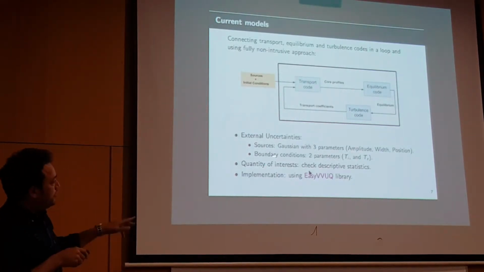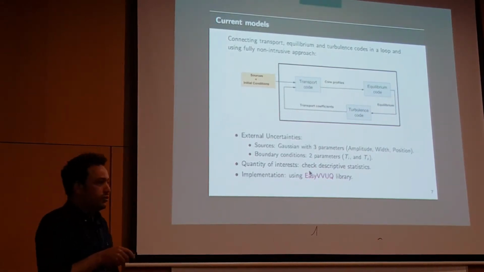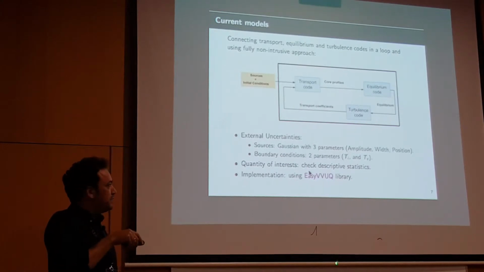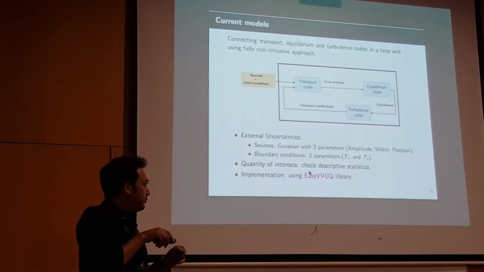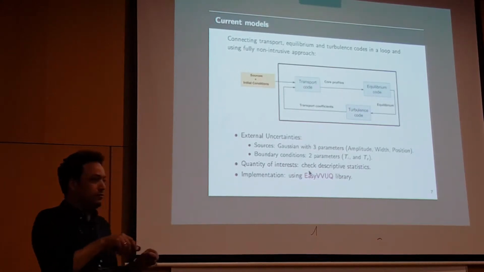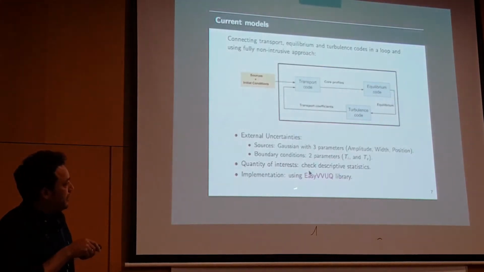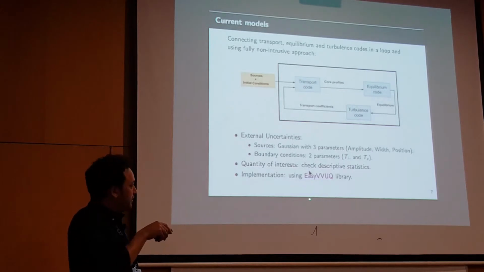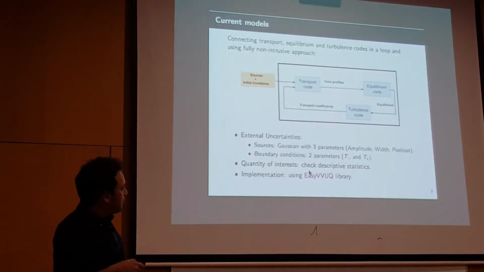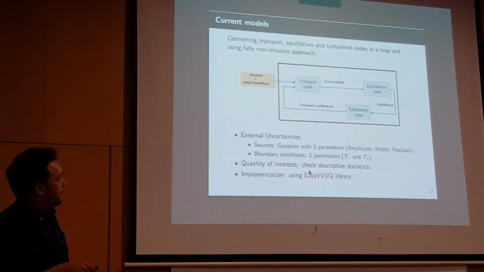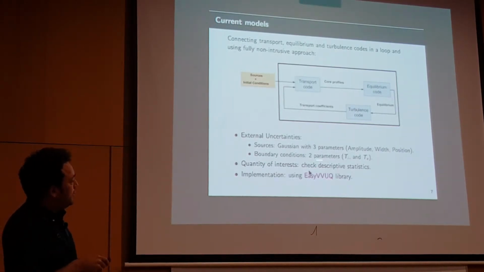And we also have two uncertain parameters, Ti and Te. It's the temperature of the ion and the electron inside the plasma, and because we fix the parameters, the boundary condition is imposed directly, and we also have uncertainties in this one. The first one is Gaussian, I think the second one is also Gaussian, and we quantify the output.